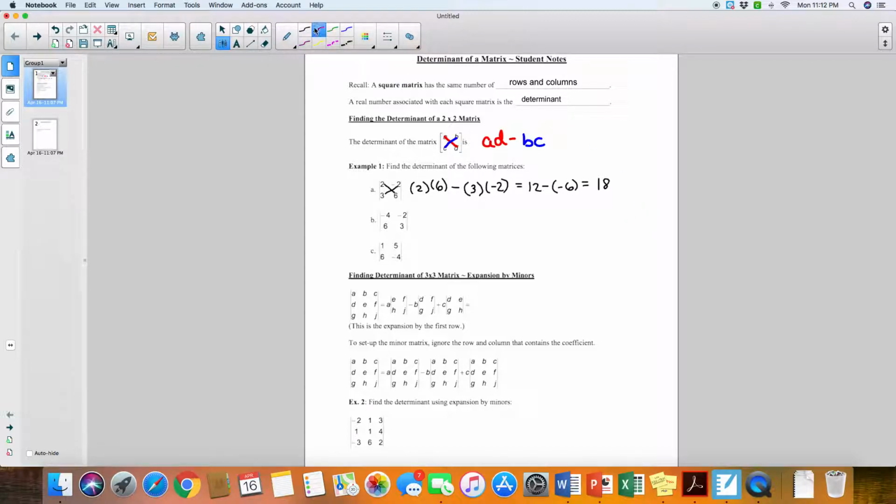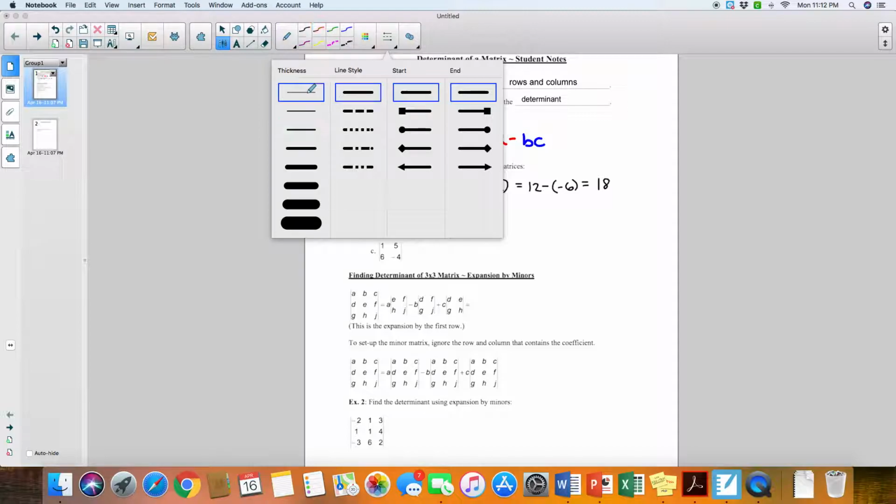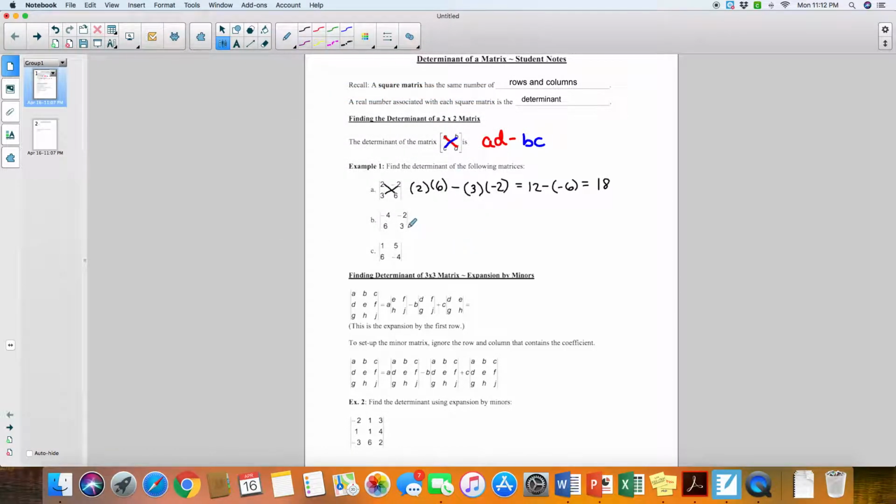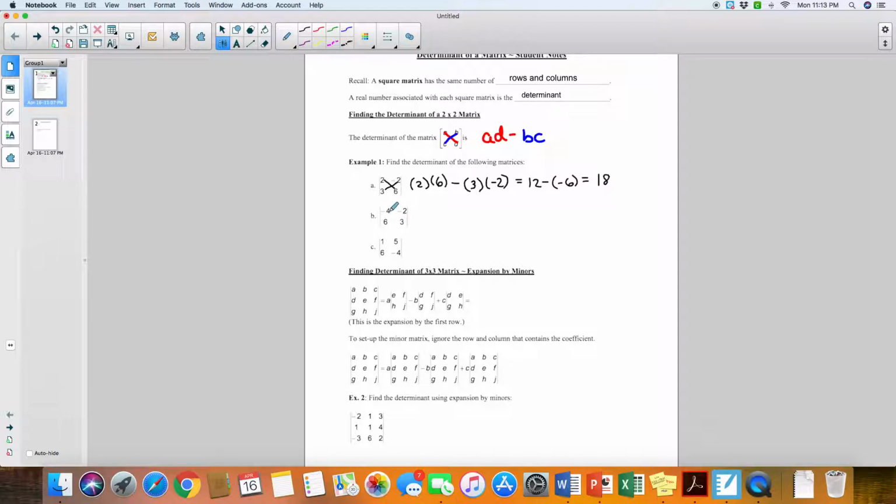All right, so let's try another one. Let's look at part B. The matrix they want us to find the determinant of is -4, -2, 6, 3. Again, cross multiply. So I'm going to have -4 times 3, minus, and then I'm going to multiply the other two, 6 times negative 2.